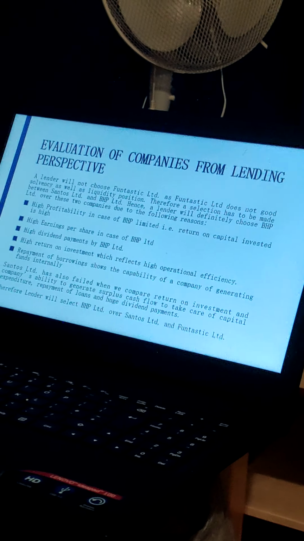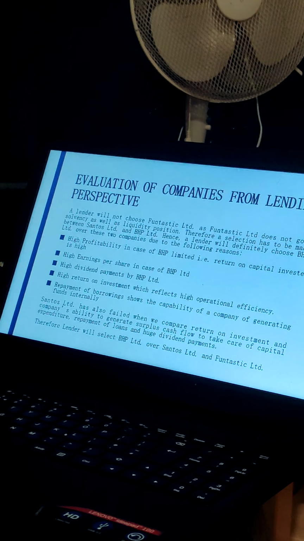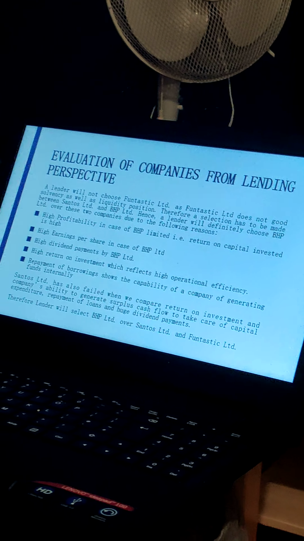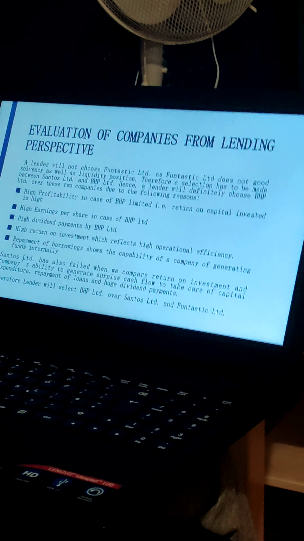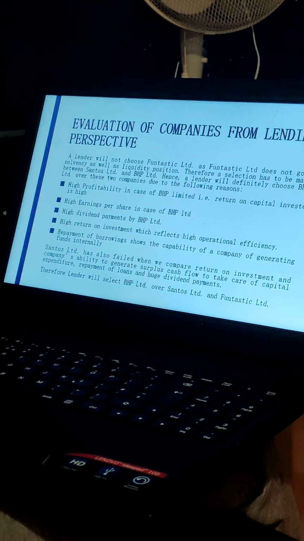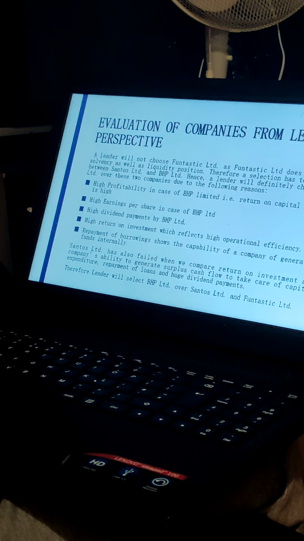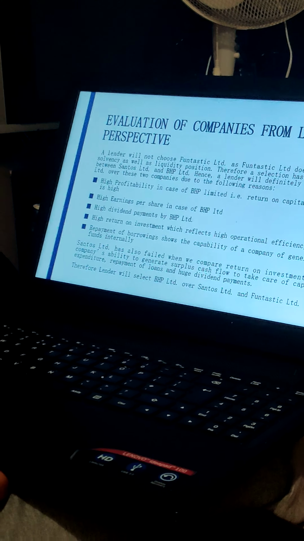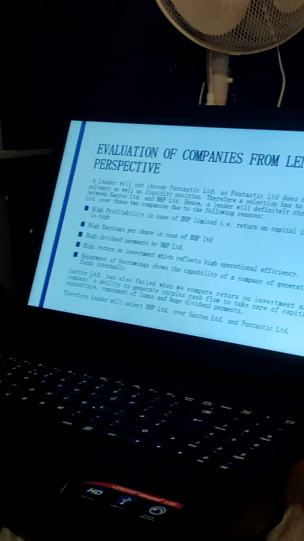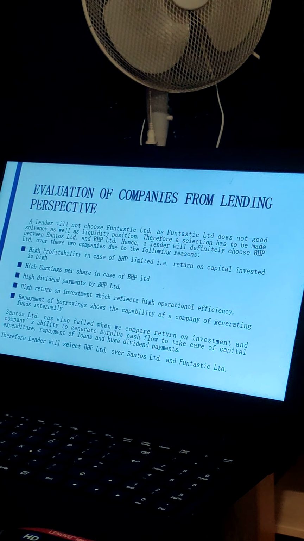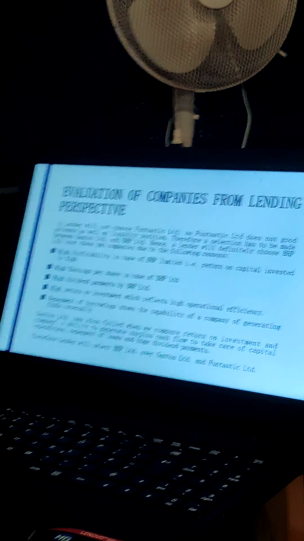Evaluating the companies from the perspective of lenders, a lender will not choose Fantastic Limited, as Fantastic Limited has neither a good solvency nor liquidity position. Therefore, a selection has to be made between Santos Limited and BSP Limited, and it is obvious that everybody will choose BSP Limited over those two companies.